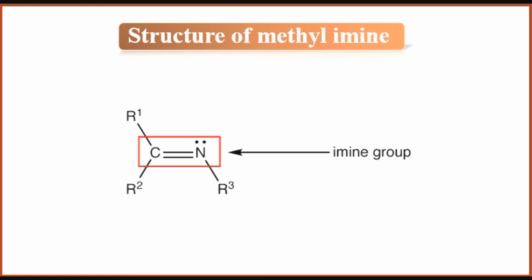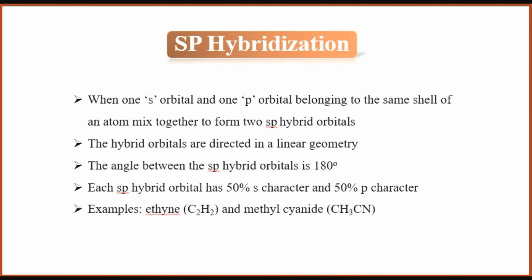Okay, so our next category of hybridization is sp hybridization. The specialty of this category is here only one s orbital and only one p orbital belonging to the same shell of an atom would intermix to form 2 sp hybrid orbitals that would be directed in a linear geometry, making 180 degrees as bond angle.